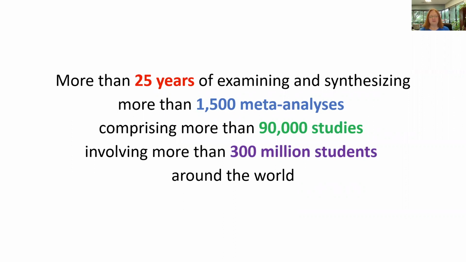So his research is valid. It has a very large base, it's over time, and it includes so many different studies. What he was trying to determine was what makes the biggest difference in accelerating student learning. So this is definitely something we want to pay attention to.